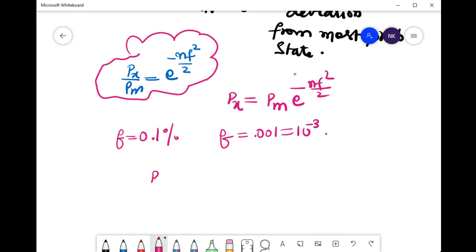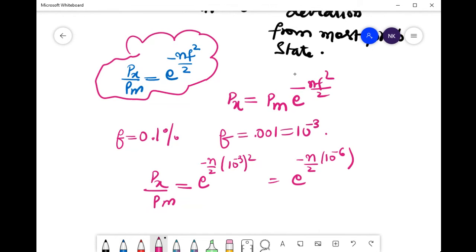So what is the value of px by pm? It comes out to be e raised to minus n by 2 into 10 raised to the power minus 3 whole square, and it comes out to be minus n upon 2 into 10 raised to the power minus 6. Okay, and just 1 second.